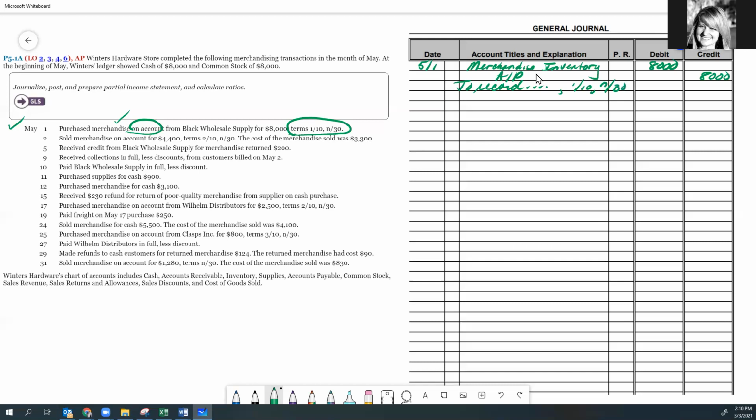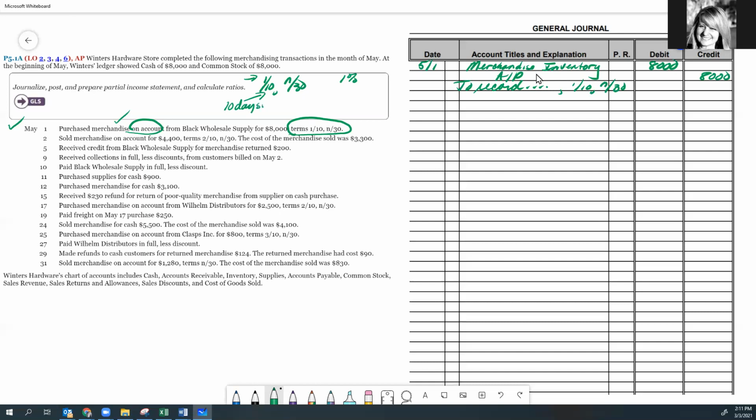Okay, 1/10 net 30. Whenever you see that, the top number, the numerator, means a discount. So this company, we are Winter's Hardware, gets to take a 1% discount if we pay within 10 days.